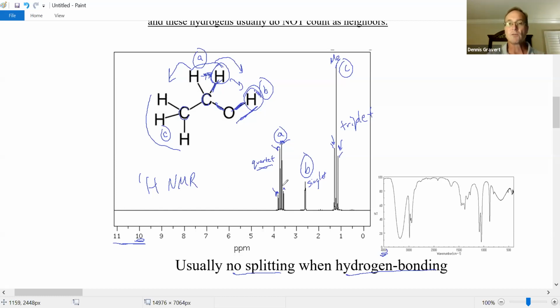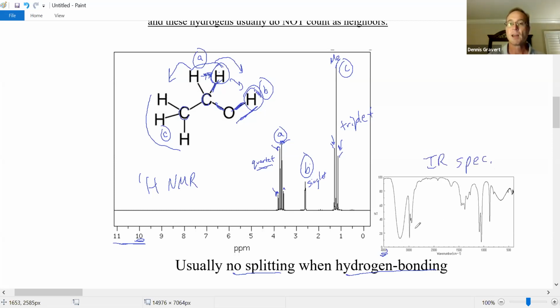Okay, well, how do you know for certain? Well, there's only 3 peaks here, and the integration really nails it down. There's 1H, 2H, 3 H's, producing a peak of 1, 2, 3, I'm sorry, area. This is a medium-sized peak. This is the largest, more hydrogens here. But another idea is to go to the infrared spectrum.